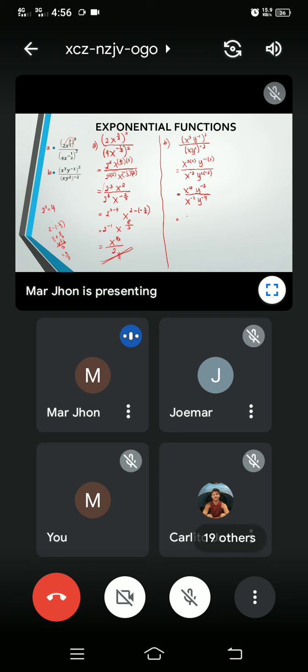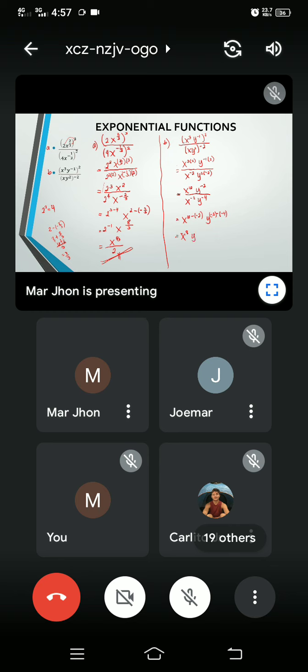Now combine the same bases. So we have x to the power of 6, and because it's division, we subtract, always carrying the sign: minus negative 2. Then y to the power of negative 2 minus negative 4. Be careful not to make mistakes. 6 minus negative 2 is 6 plus 2, which is 8, so x to the power of 8.